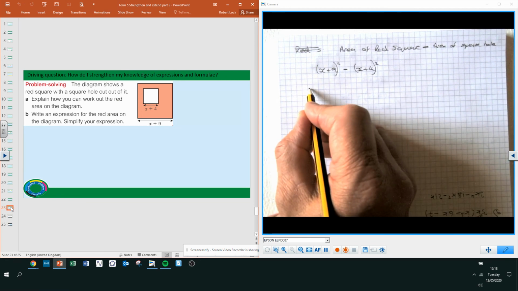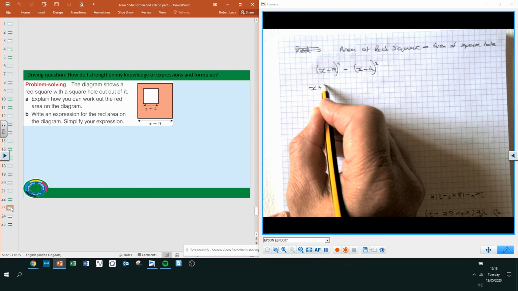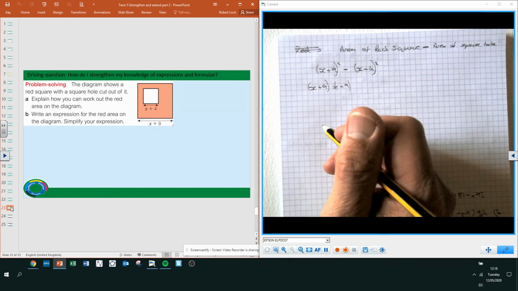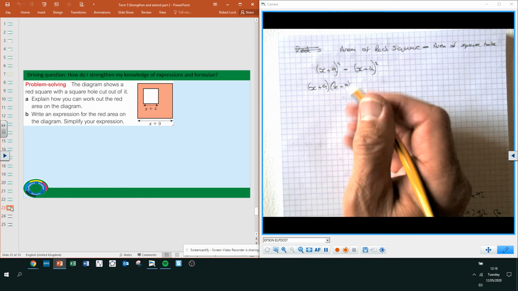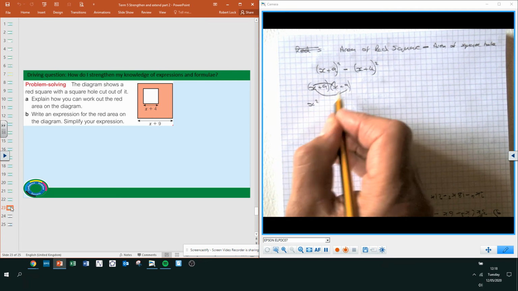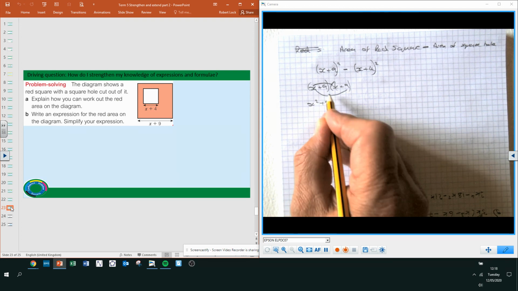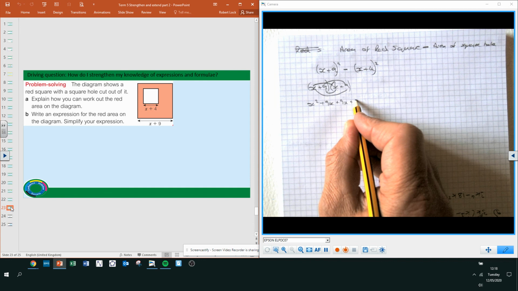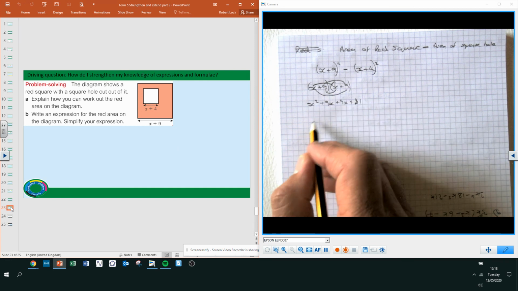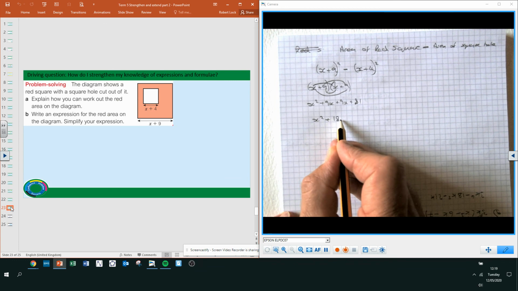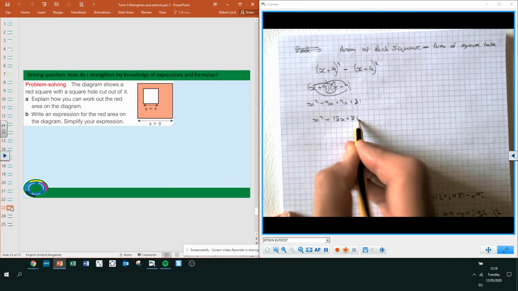So here, x plus 9, x plus 9, excuse me, x times x, x squared, x times 9 plus 9x, 9x plus 9x, 9 times 9 is plus 81. Simplifying through, x squared plus 18x plus 81.